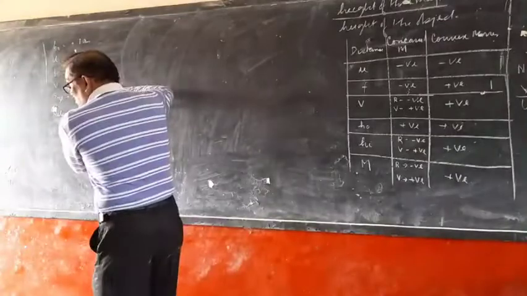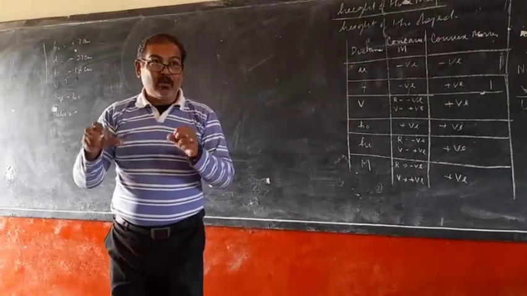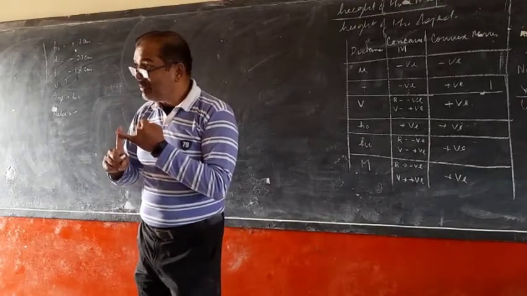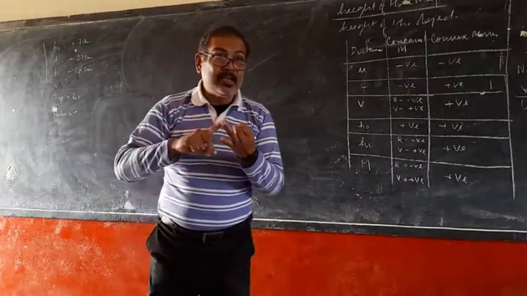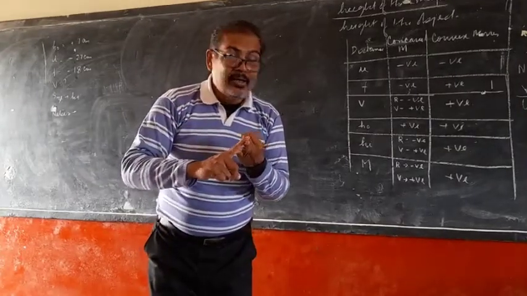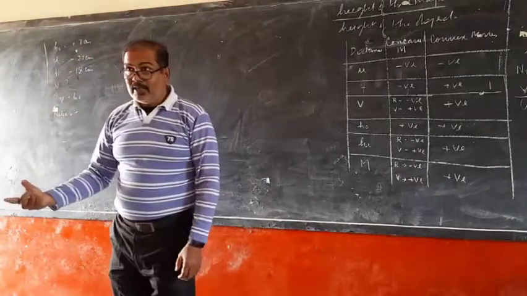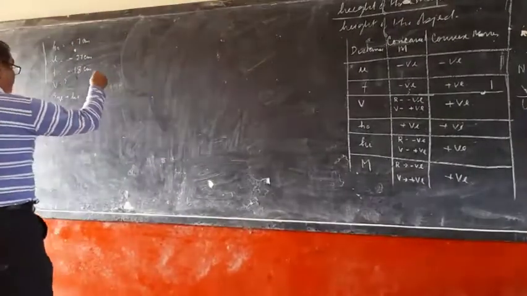Now from this numerical we are going to find out whether our concept is correct or not. What should be formed? The image should be real, and larger than the object. Object size is 7 centimeter, so the image should be bigger than 7 centimeter. Now let us proceed. We will use the mirror formula.